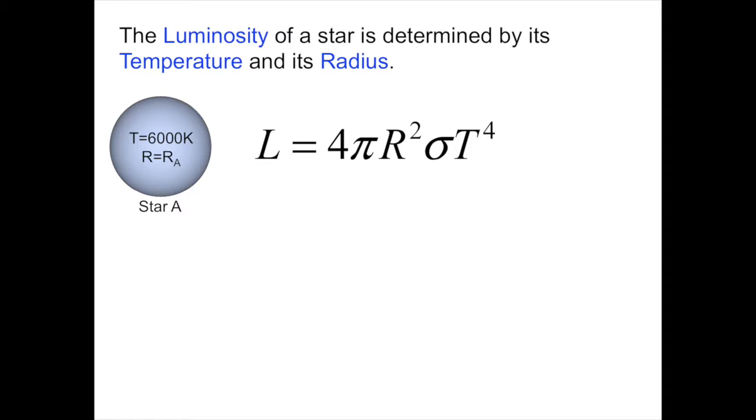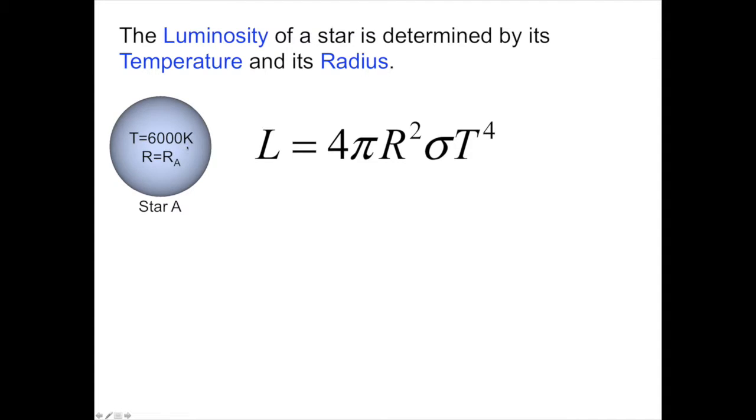The luminosity of a star, the total amount of power of the star, the energy per second pouring off of the star, is determined by the temperature of the photosphere and by the radius of the photosphere. This is given through the formula that the luminosity is equal to 4 pi times the radius squared times a constant sigma times the photosphere temperature to the fourth power.